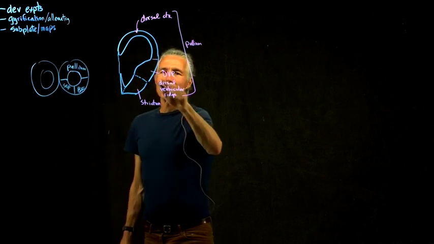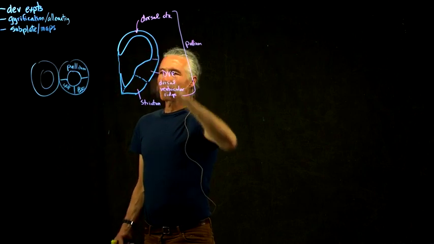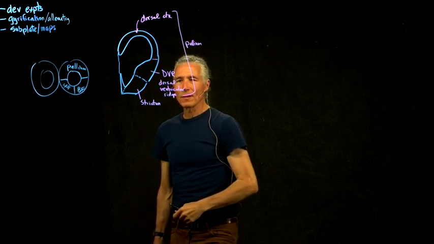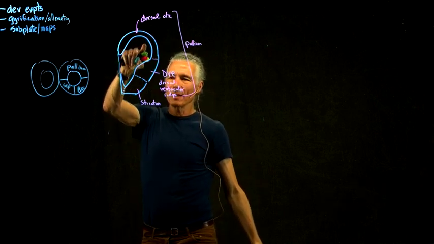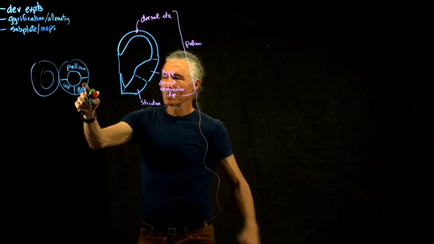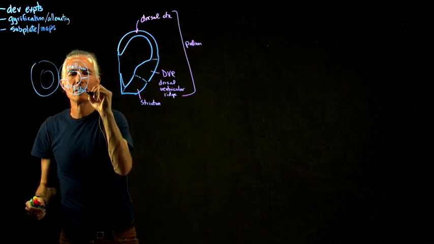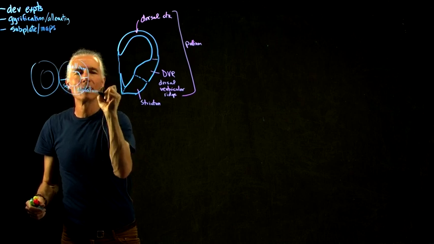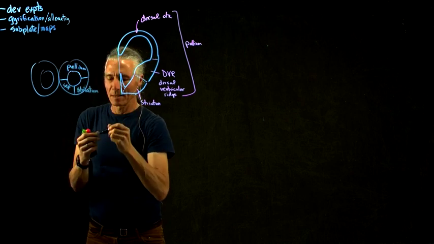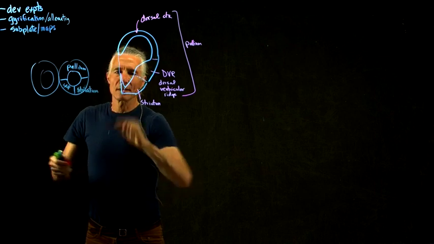So the dorsal ventricular ridge and the dorsal cortex are both part of the pallium, and here's the striatum, and this is the septum here.